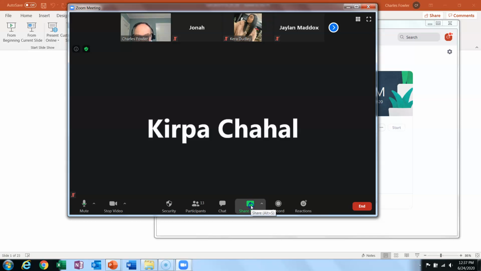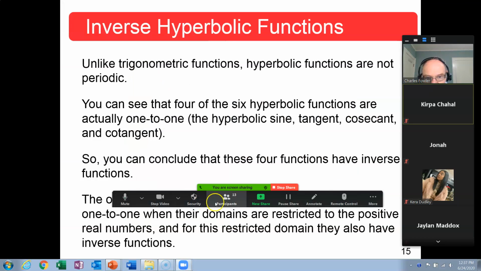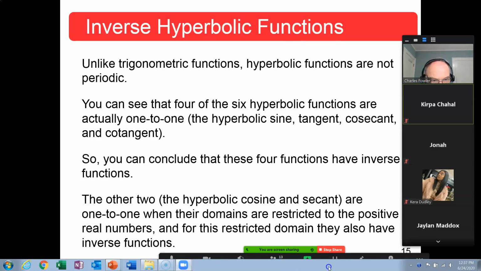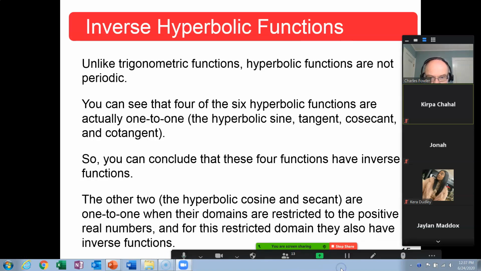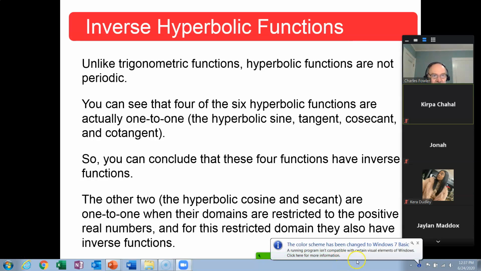So let's go back to share the screen, and we were on inverse hyperbolic functions. Let me move this down out of the way here. I'm trying to remember, is this the slide that we were on?